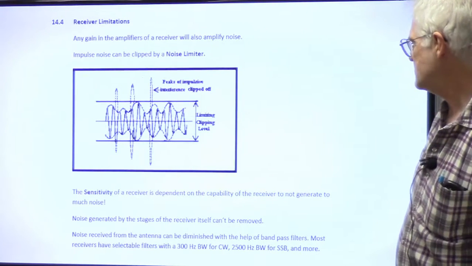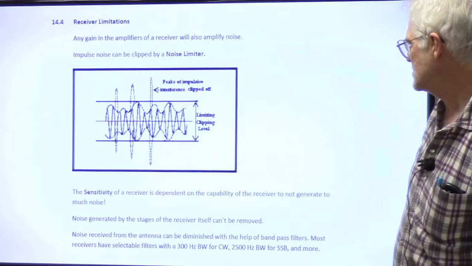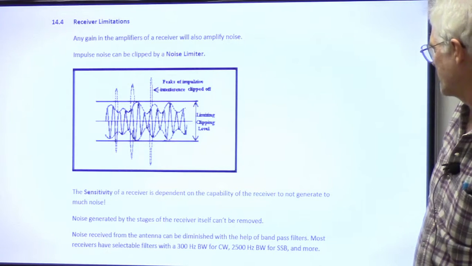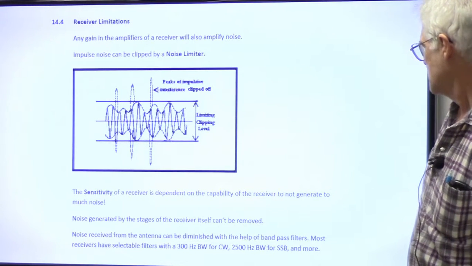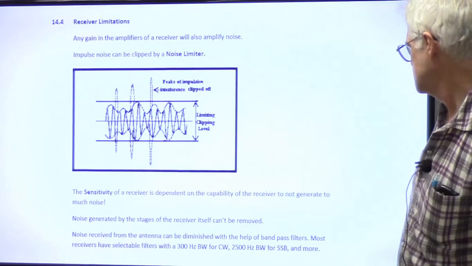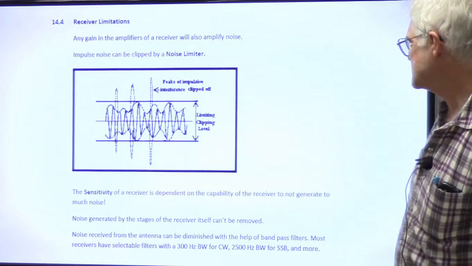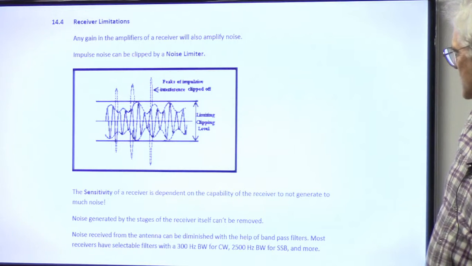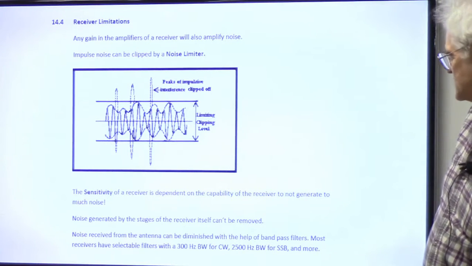And sensitivity of a receiver is definitely dependent on the capability of the receiver not to generate much noise internally. And some of the noise picked up from the antenna, we can diminish or reduce with the help of bandpass filters.